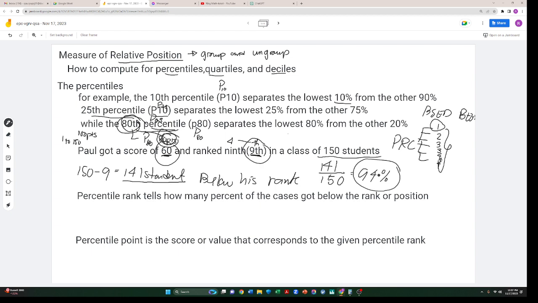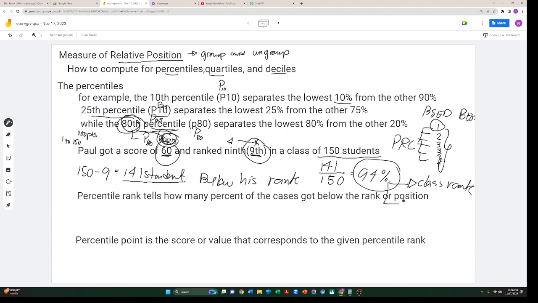This means that 94% of the class rank below or got scores below Paul.